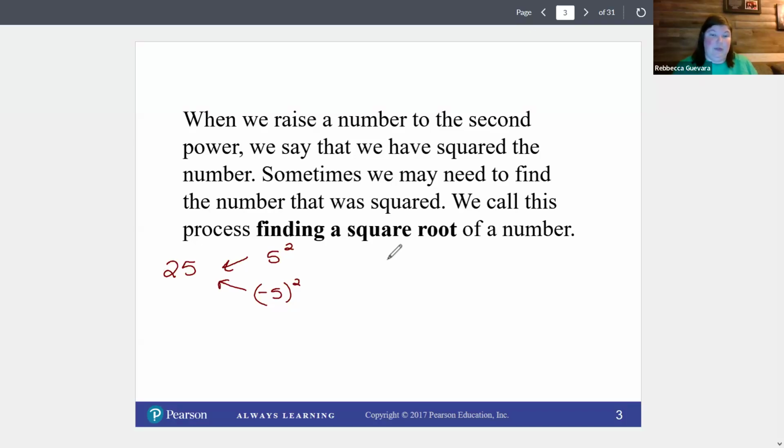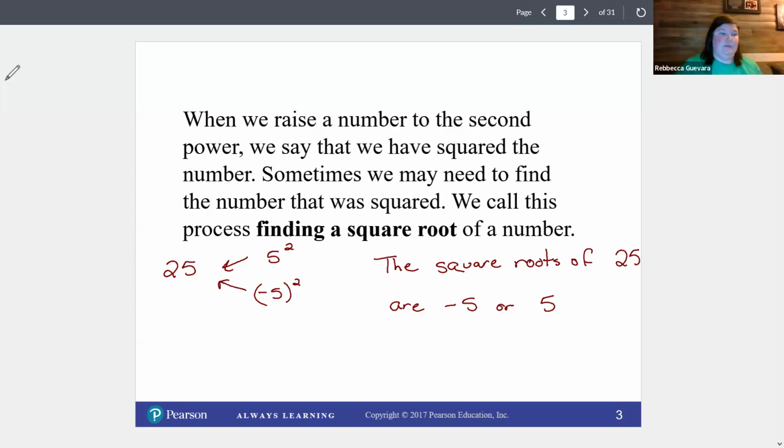So I would say the square roots of 25 are -5 or 5. This is what we're talking about, finding your square roots. Like I said, we've done some of this before.